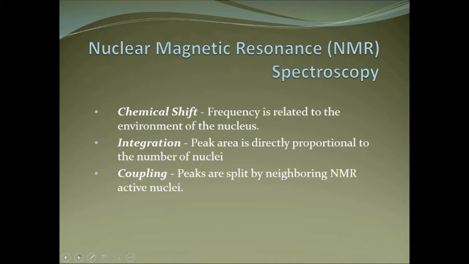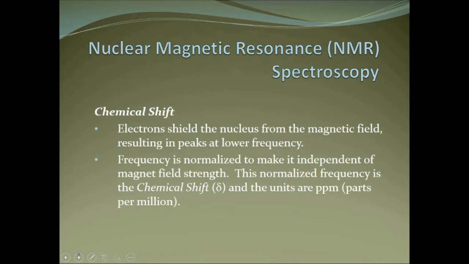This gives us some quantitative information, since the size of the peak, or specifically the peak area, is directly proportional to the number of hydrogens giving that signal. And we also look at something called coupling or splitting. This gives us some information about how the various hydrogens are connected to one another. So we will address these one at a time, starting with chemical shift.